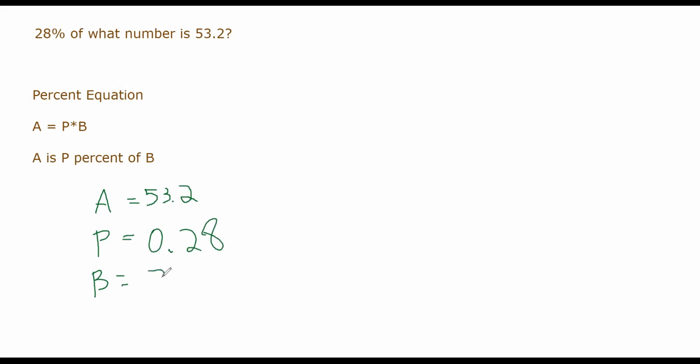And now B is what we don't know, because it says of what number, and of is kind of attached with the B here. So just using the formula, 53.2 equals 0.28 times the number we don't know, which is B. And now we need to solve for B.